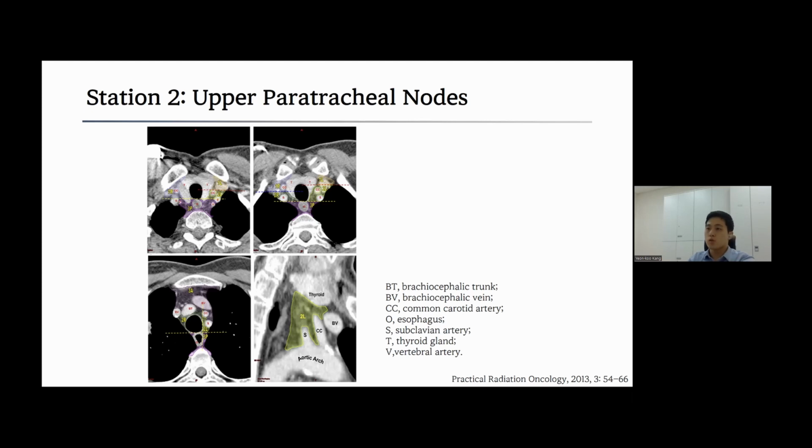The border between 2R and 2L should be kept in mind because if the lateral station 2 is an N2, but contralateral station 2 is N3, the border is the left lateral border of the trachea as described in this third figure, this vertical line. So we should keep in mind this vertical line as a border between 2R and 2L lymph nodes.